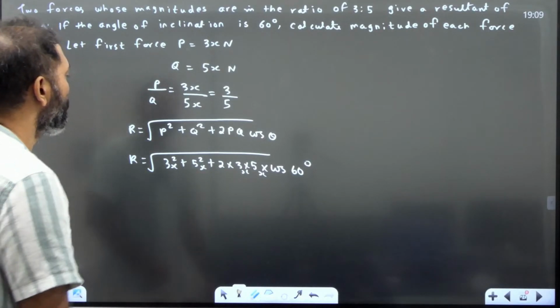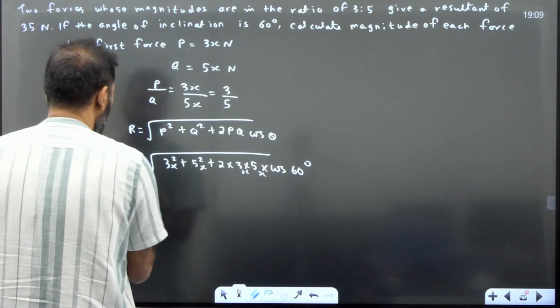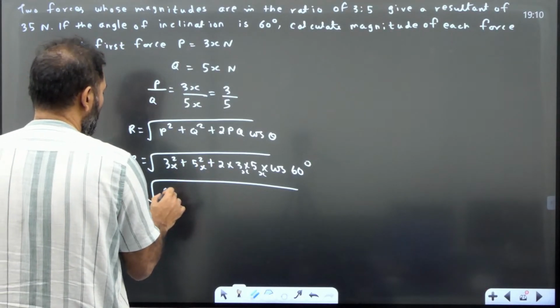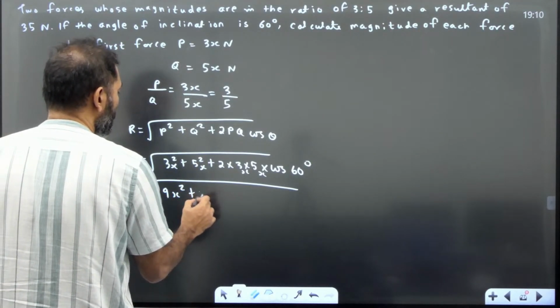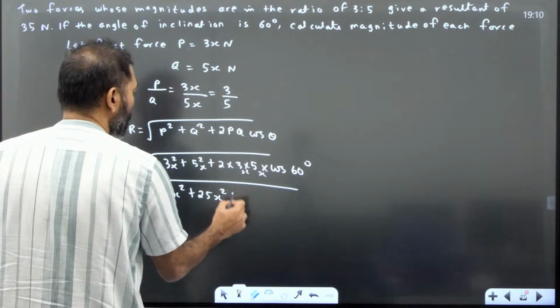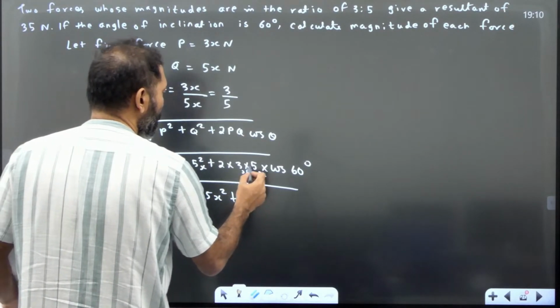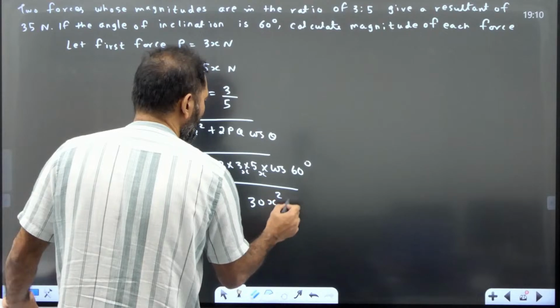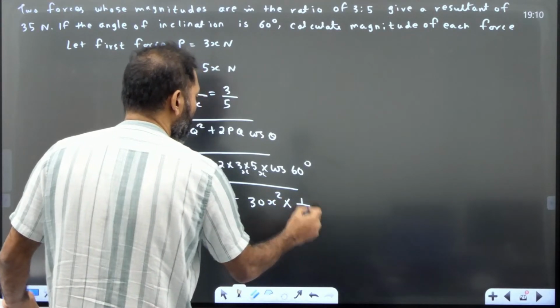R equal to root of 3x square, which is 9x square, plus 5x square, which is 25x square, plus 2 into 3x into 5x, which is 15x square, into 2 is 30x square, into cos 60, which is 1 by 2.